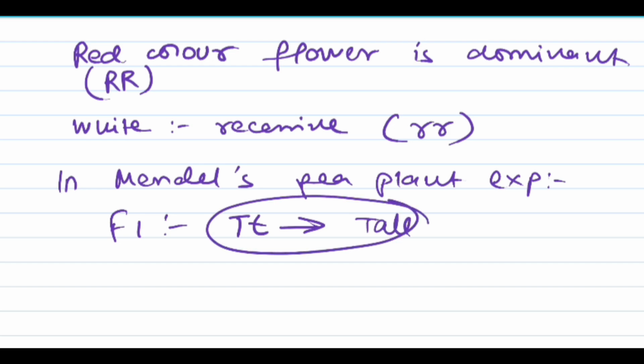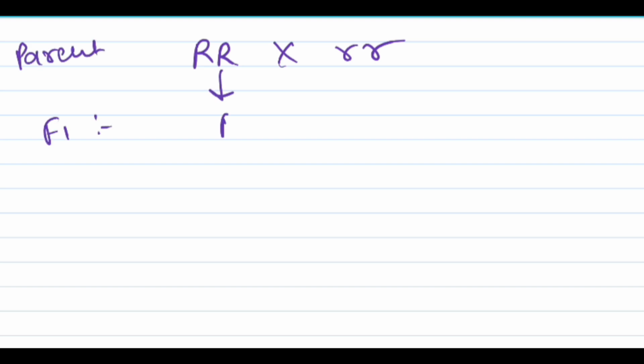So basically it had the dominant trait. Now you may assume that the case will be similar in case of this, that the F1 generation is capital R small r, as we know. This is parent, F1 is capital R small r.